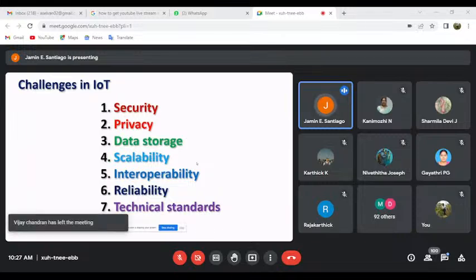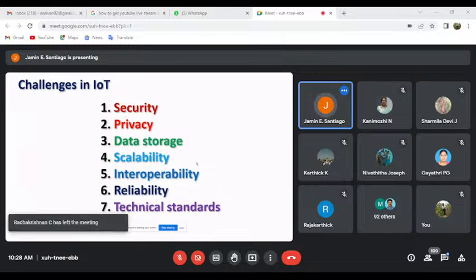In interoperability, some of my devices need special programming to interact with another device because they are from different manufacturers. For example, usually I'm using Arduino. There is also ESP32, ESP8266, and different boards, different sensors. So there's a question of interoperability.